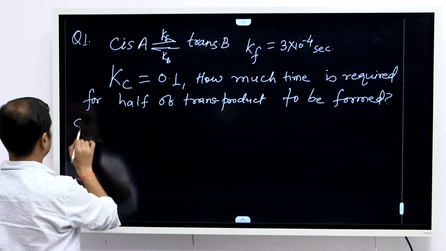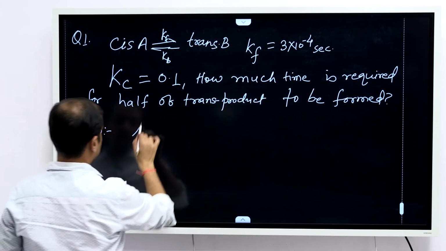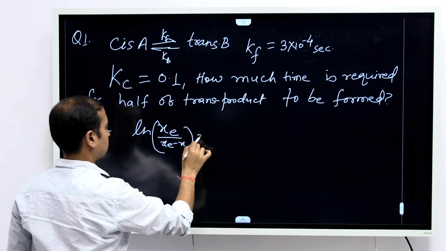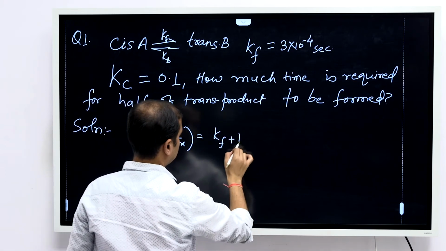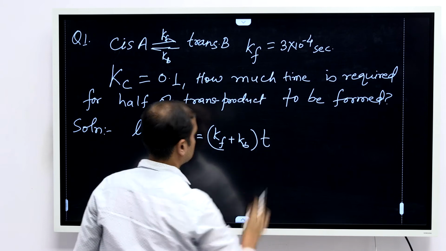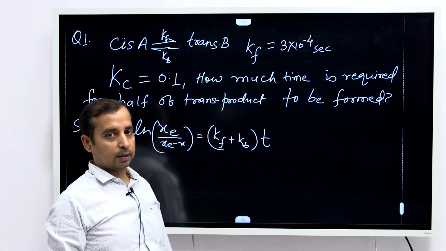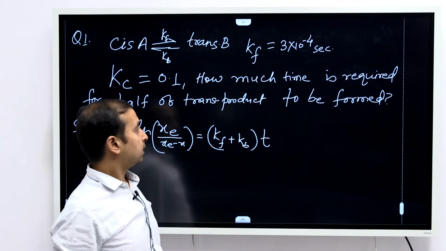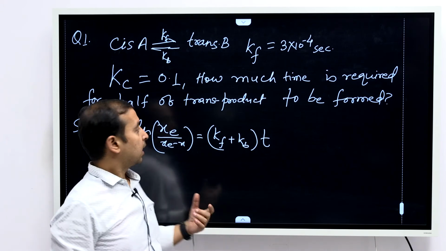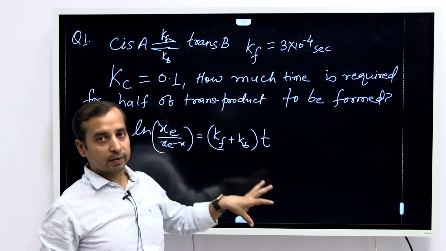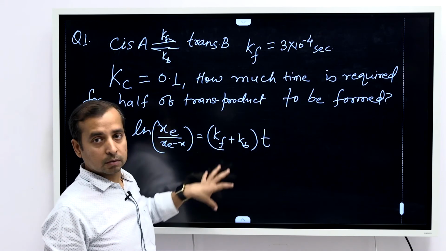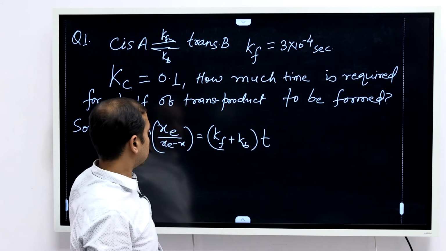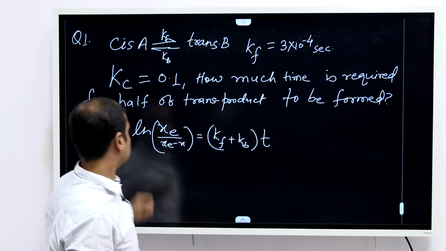So the equation we are going to use here is ln xe upon (xe minus x) is equal to (kf plus kb) into t. So we have to calculate the time here. So whenever we are solving a numerical, we have to see the data given in the question, and then we have to see what we have to find, and then we have to relate the data given in the question with what we have to calculate. How can we relate them? So we can relate the data given in the question and the quantity we have to calculate using this equation.